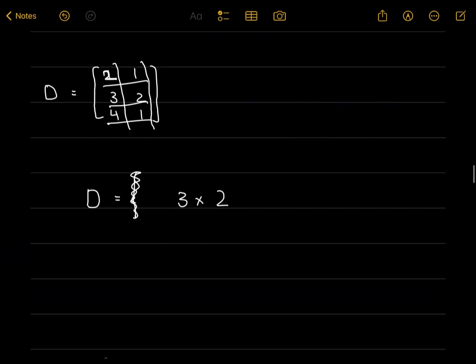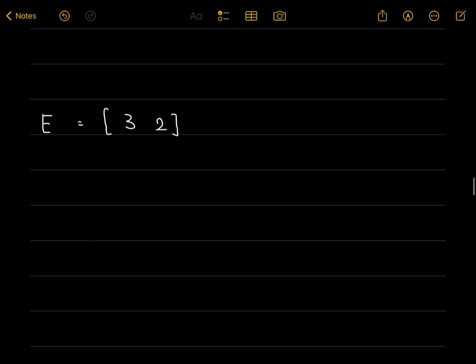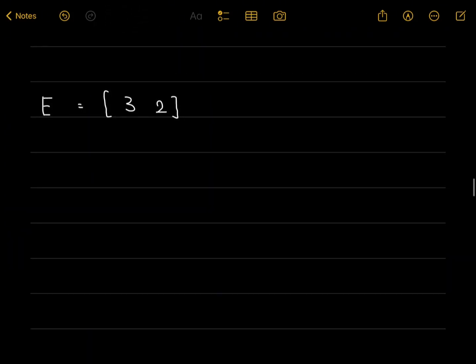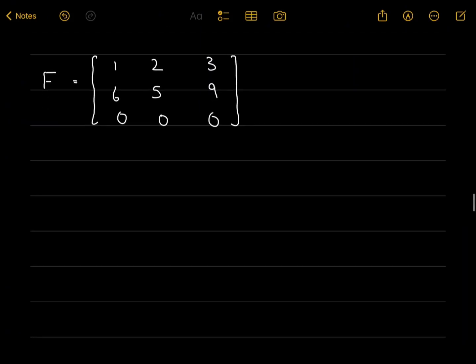Let's move on to the other part. That's part E. 3 and 2 are the elements of matrix E. So the order of matrix E is 1 row and 1, 2 columns. So 1 into 2. The order of matrix E is 1 into 2.